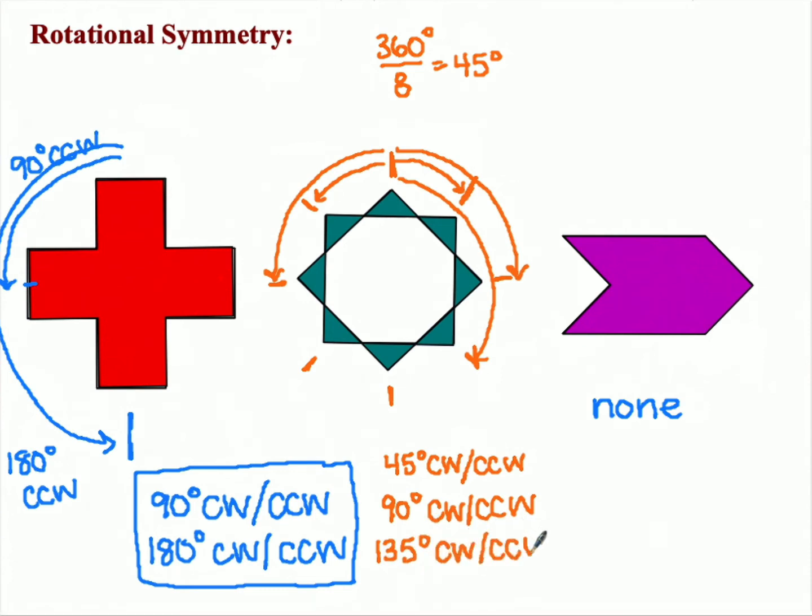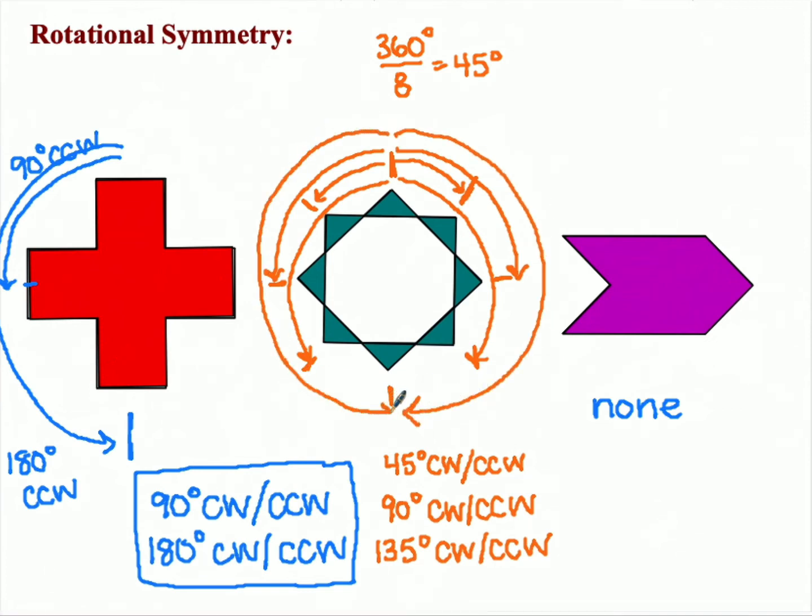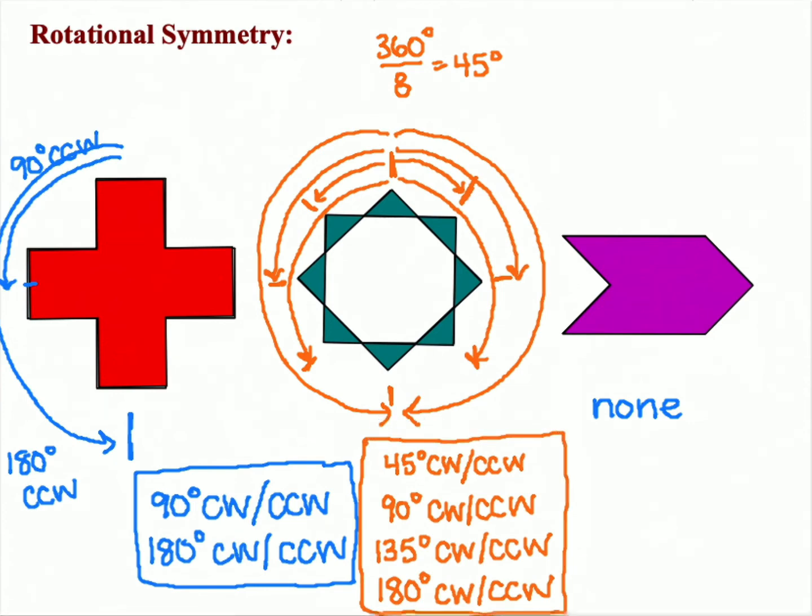Again, that should work clockwise and counterclockwise. And then the only one that I've missed is where you turn the shape totally upside down, 180 degrees, and I could do that either way. And so you might say that this shape has more rotational symmetry because it has more options.